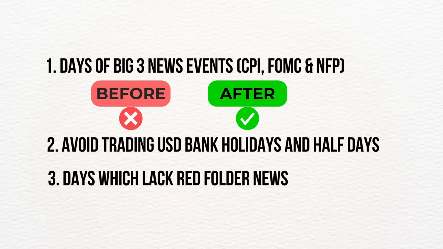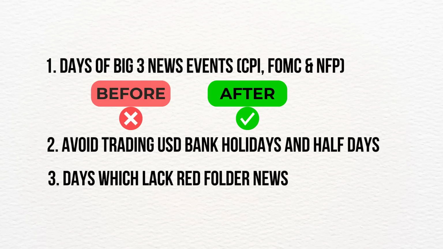Last thing I want to mention is days which lack red folder news. So you've heard me say this before. Economic calendar is our roadmap. You will often see me avoid days which lack red folder news. Now, specifically, this applies more towards Forex, which relies way more heavily on news for volatile price action, whereas indices has that built-in volatility injection every single day at the 9:30 open.